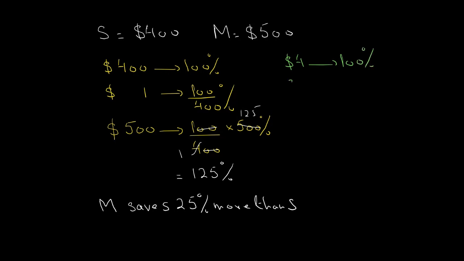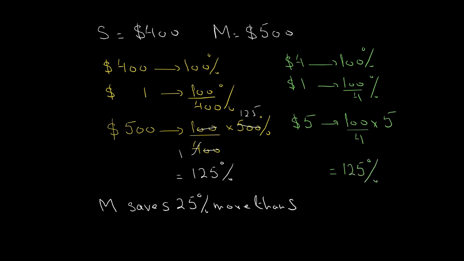Then we said $1 is equal to 100 over 4%. And then we said $5 was equal to 100 over 4 multiplied by 5. And then we got the same answer, which was 125%.